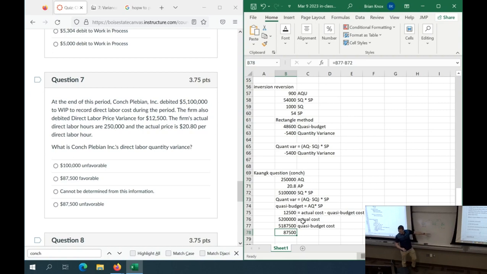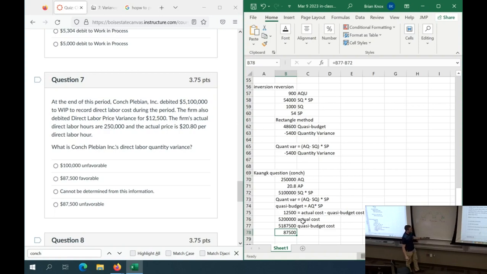And when we got the quasi-budget, I'll just write out the whole thing. That's 5,187,500 as our amount in the middle.